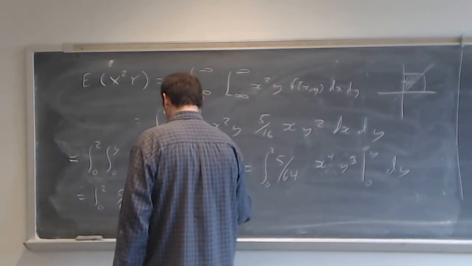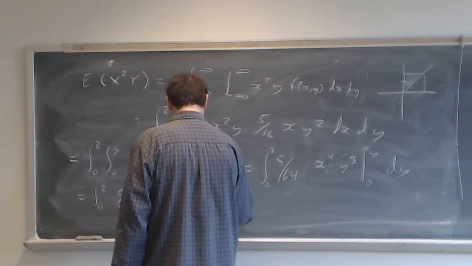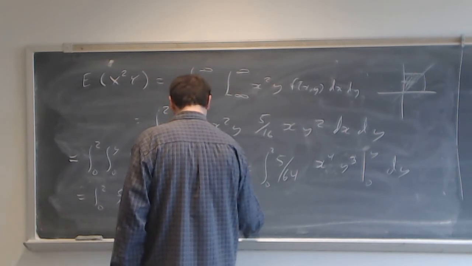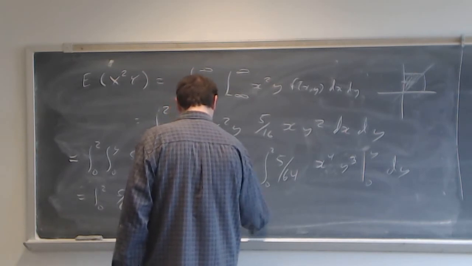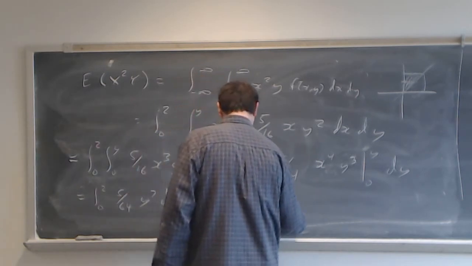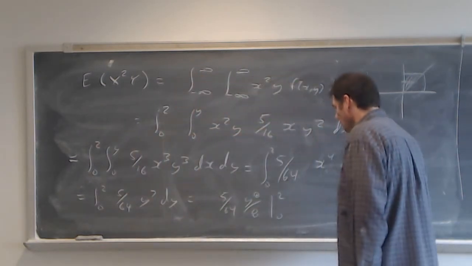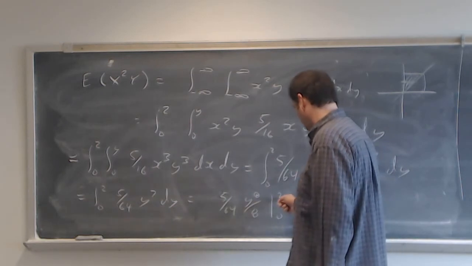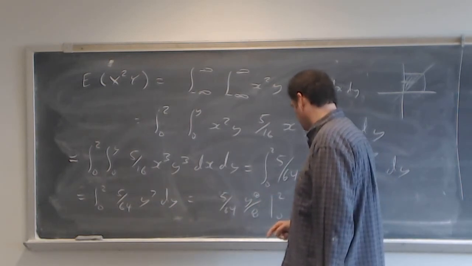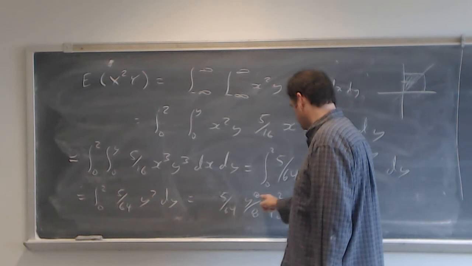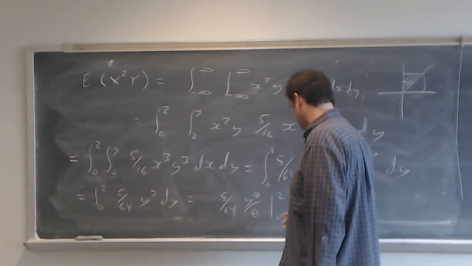So let's see, it's 5/64 y to the 8 over 8 evaluated from 0 to 2. Okay, maybe it's awful. So when I let y be 2, this is 2 to the 8.